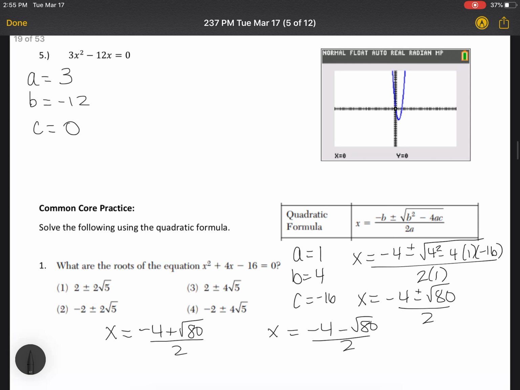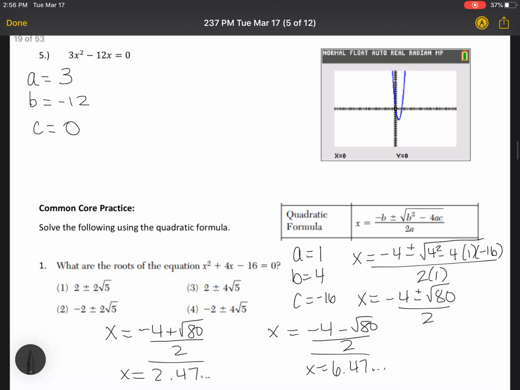And then from there, if you just type each of these into your calculator separately and get the decimal version of it, you'll see that the first one comes out to be 2.47-ish, and the second one comes out to be around 6.47.